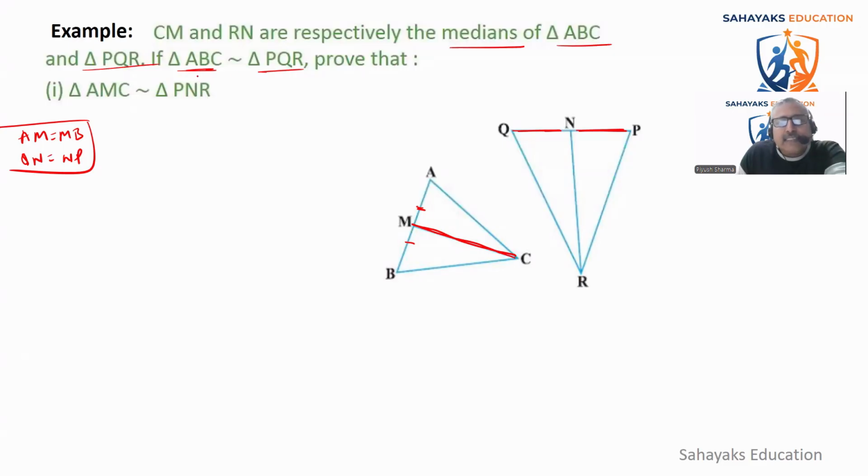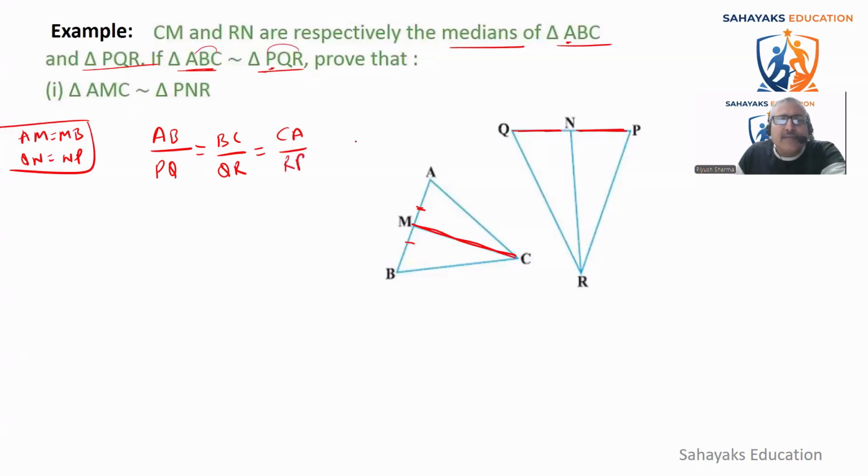So when the sides are in proportion, we can write that AB divided by PQ is equal to BC divided by QR is equal to CA divided by RP.